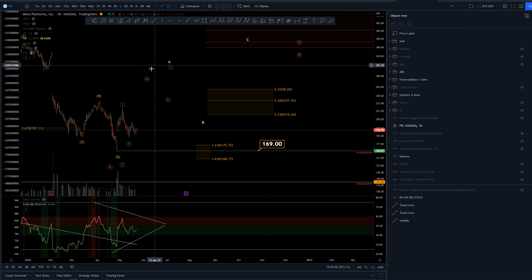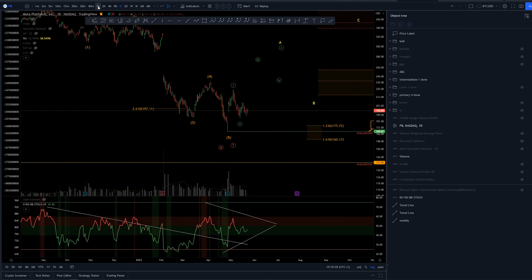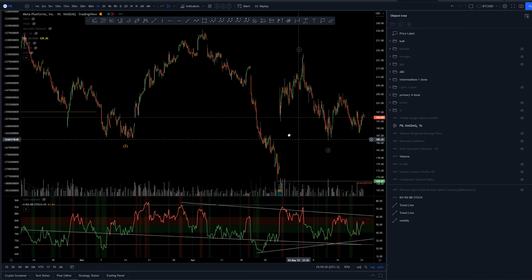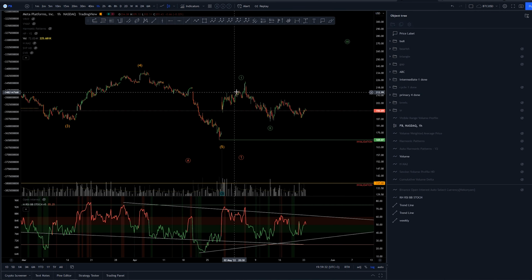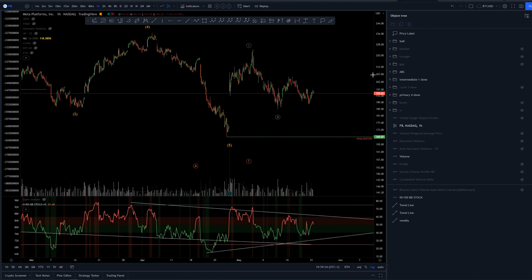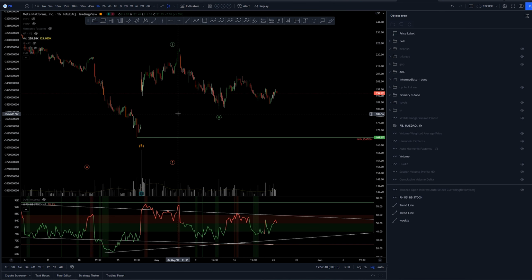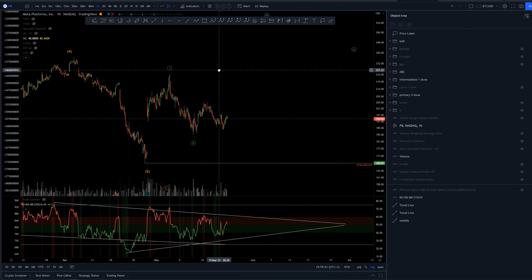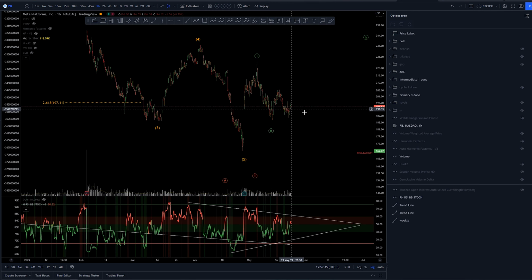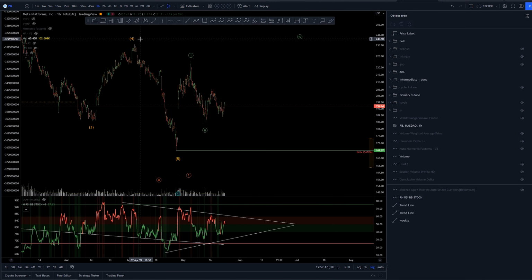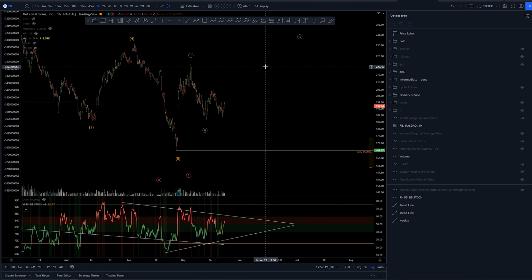But the thing is here, it is really hard to say if this is a 5-wave structure. There's really no indication because there's such a big gap here. We just don't know what this is. We could be labeling this multiple different ways, as the triangle, as the 1, 2, or as the 1, 2 in the other direction.